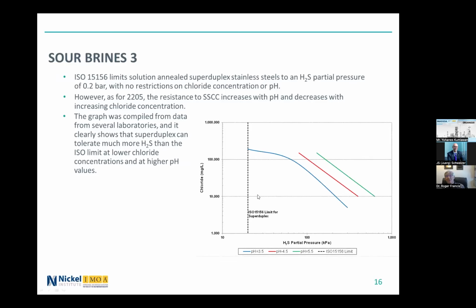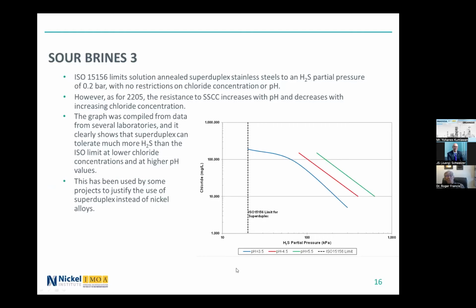And you can see that here's the ISO limit at 20 kPa. Even at pH 3.5 in situ, there's an increase of an order of magnitude at quite moderate chloride concentrations, and even more if you go to higher pHs. This is 4.5 and the green line is pH 5.5. These are in situ pHs.